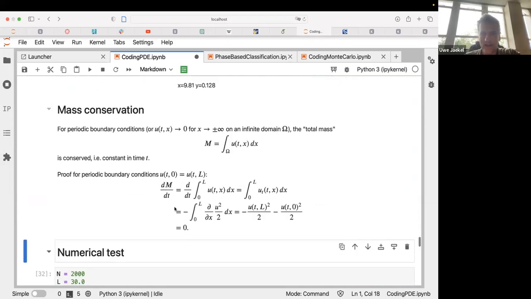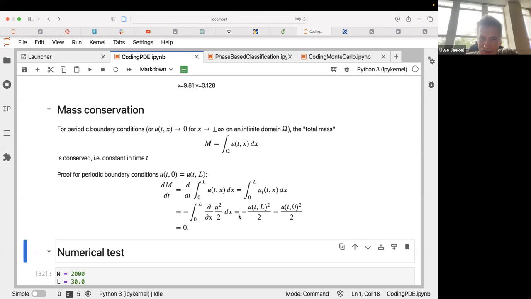So we use the Burgers equation. So this equals minus the derivative of u squared half. And now we have an integral over a derivative with respect to x. But we know integration with respect to x inverts the differentiation with respect to x.